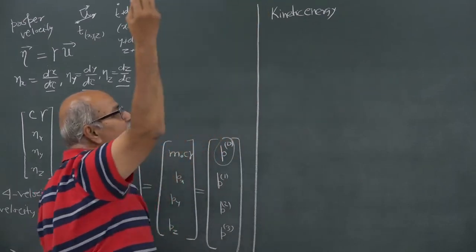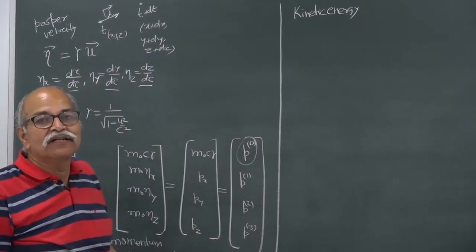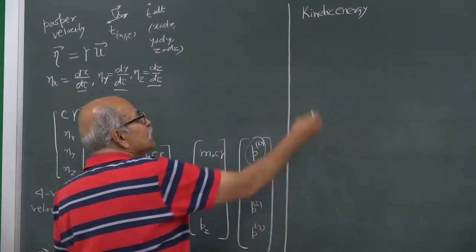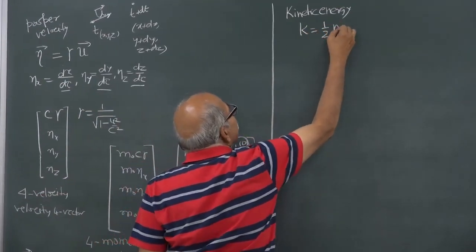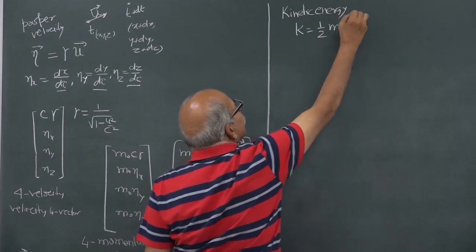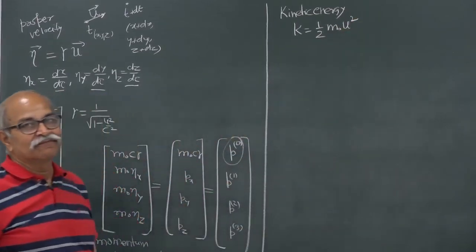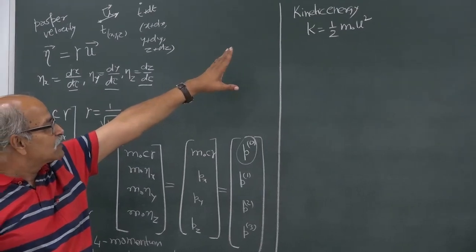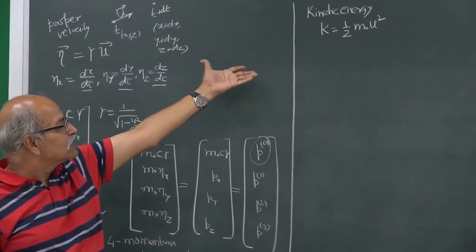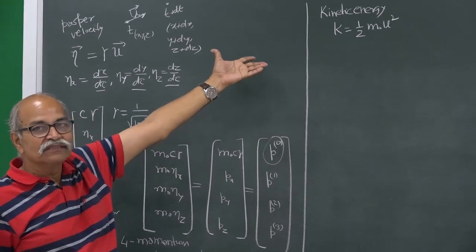In Newtonian non-relativistic mechanics, we know the expression is very simple: half times mass times speed square, that is kinetic energy. How do I get this expression in non-relativistic Newtonian mechanics?